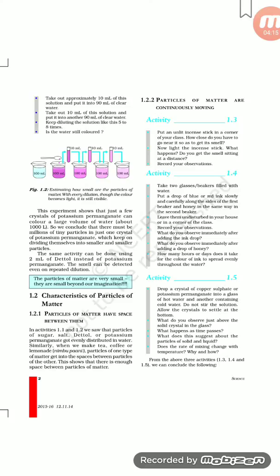There is no gap between the particles, so you cannot compress them. So solids can't be compressed, and they have fixed boundary, definite shape and definite volume. These two characters can be defined by these two parameters.